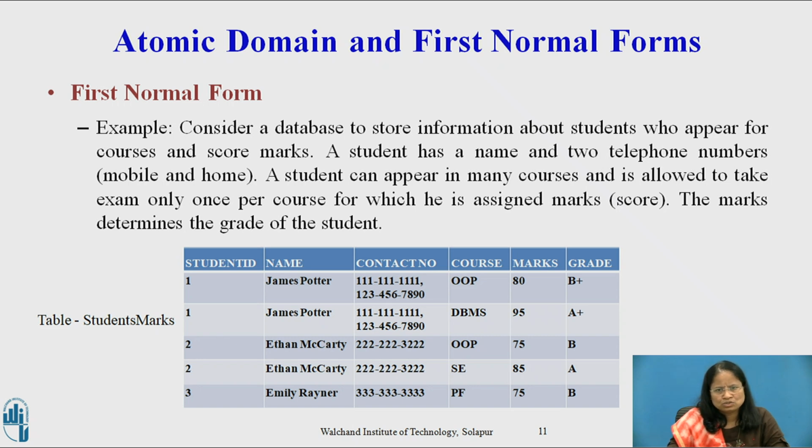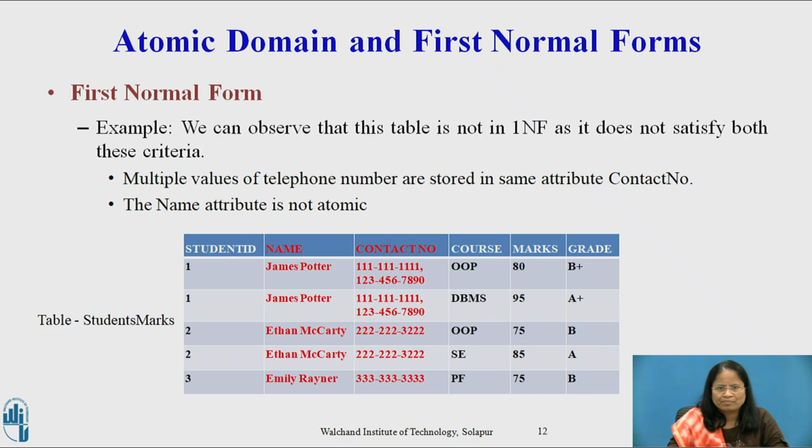So consider the student database with the attributes ID, name, contact number, course, marks and grade. In this database, we observe that this table is not in 1NF as it does not satisfy both criteria: multiple values of telephone number are stored in the same attribute contact number, and the name attribute is not atomic.